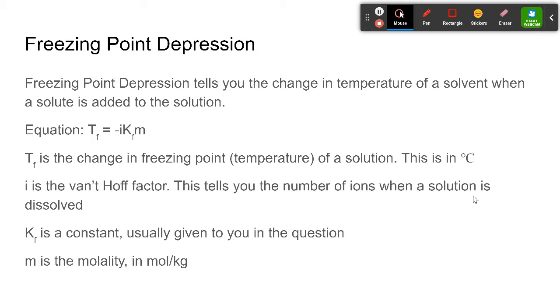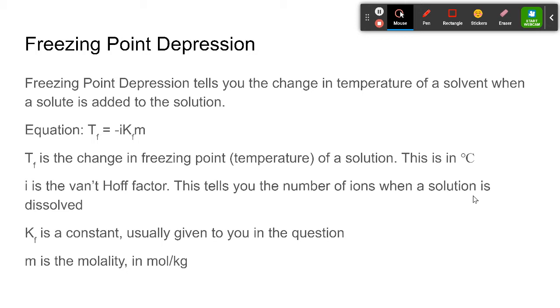A good example of this is water, our most common solvent. We know that it freezes at 32 degrees Fahrenheit or 0 degrees Celsius. Now, if we were to add something to the water and dissolve it, like sugar or salt or any form of chemical, the freezing point's no longer going to be 0 degrees Celsius or 32 degrees Fahrenheit.